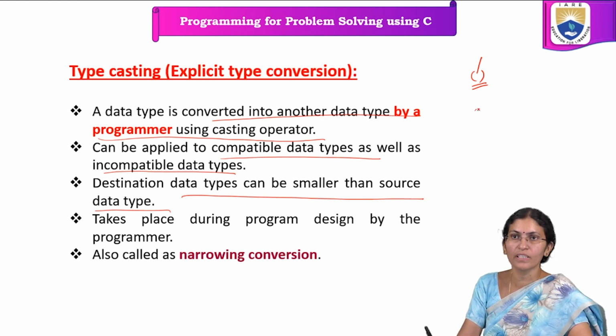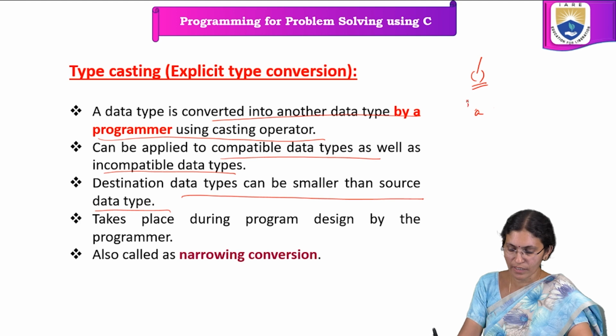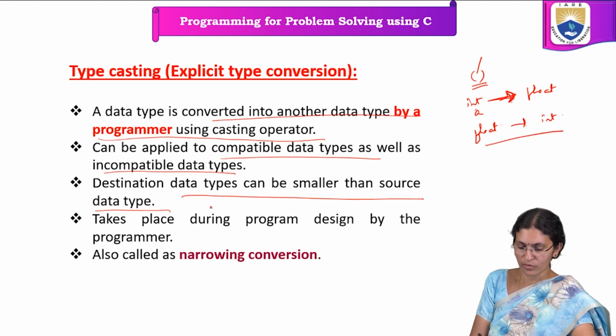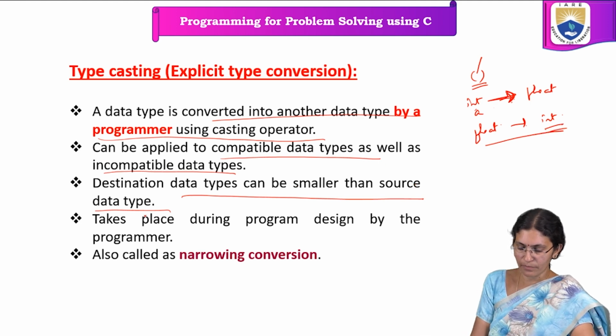With the help of this casting, we can convert. Suppose we have the source as integer and the destination as float. Here, integer can be converted to float automatically by the compiler, whereas float also can be converted to integer. So the destination data type can be smaller than the source data type.